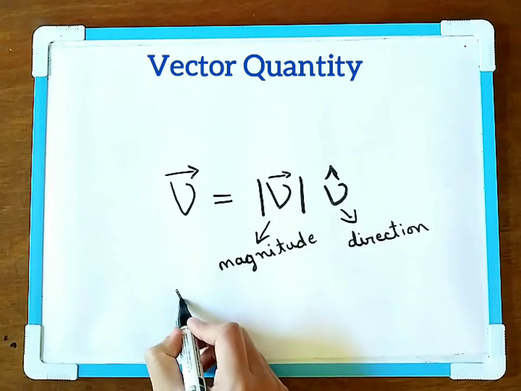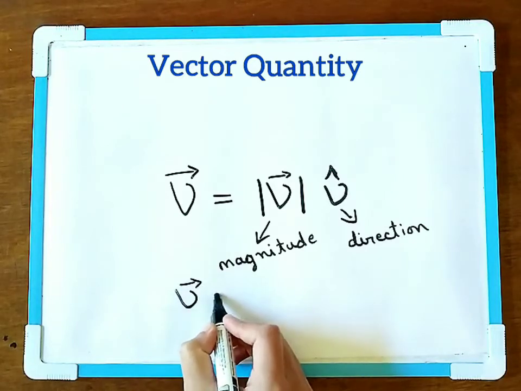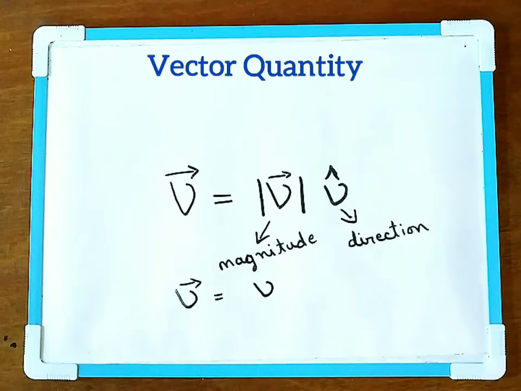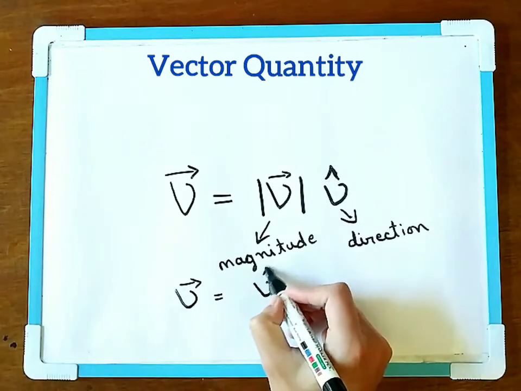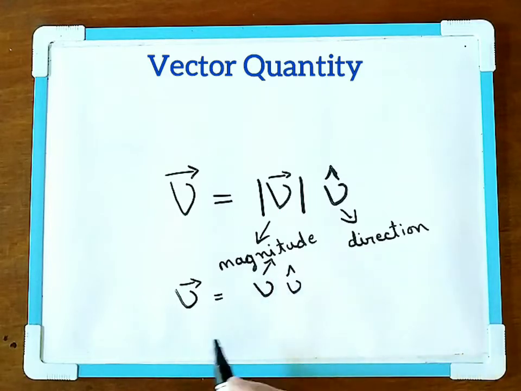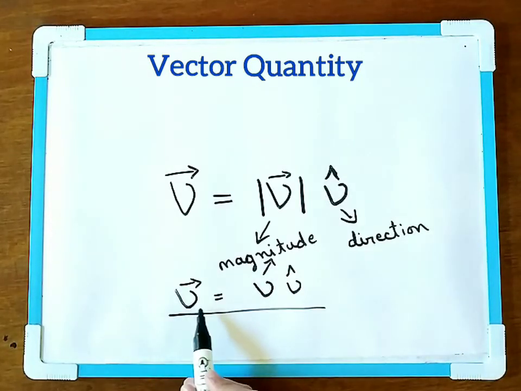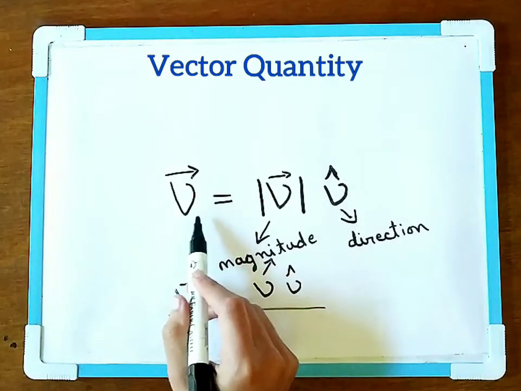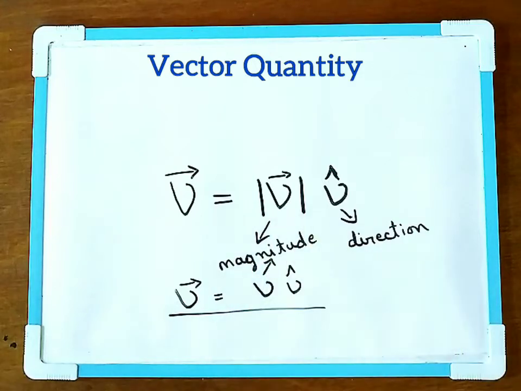So we have V vector. This is equal to V simply written without the arrowhead, which will indicate magnitude, then V cap. So you can denote this vector quantity V vector as modulus of V vector times V cap. This is how you will denote a vector quantity.